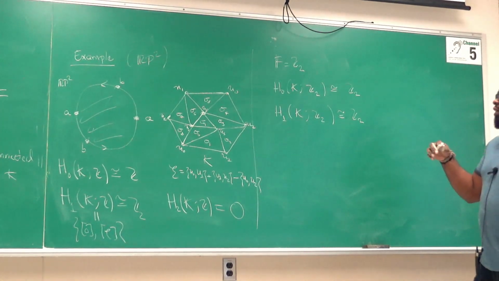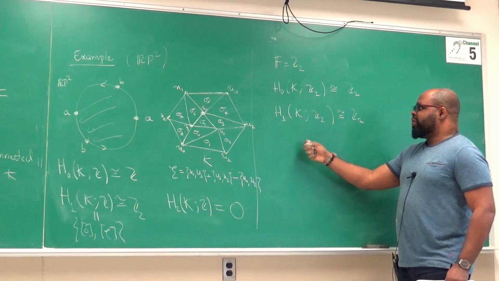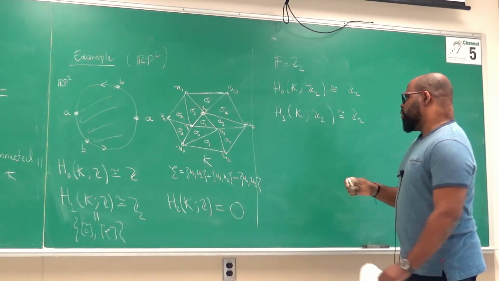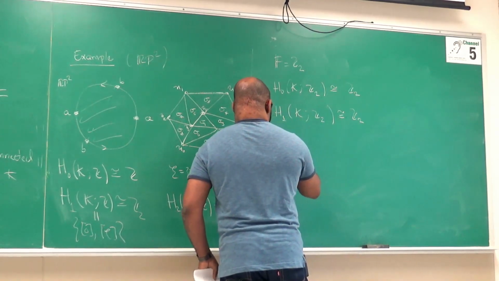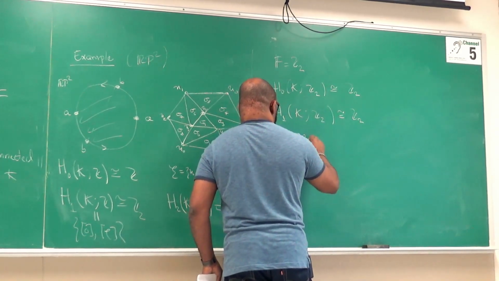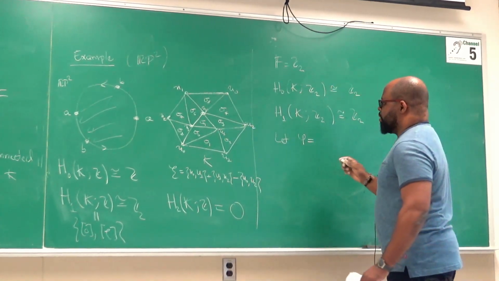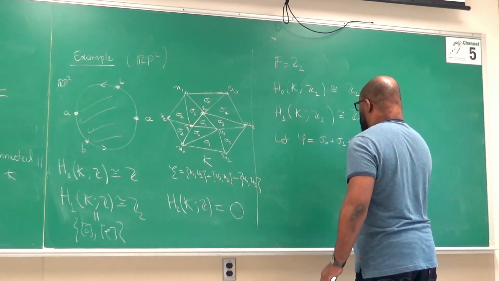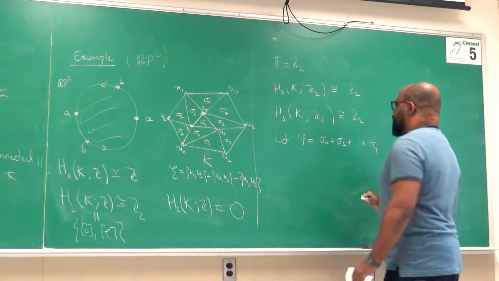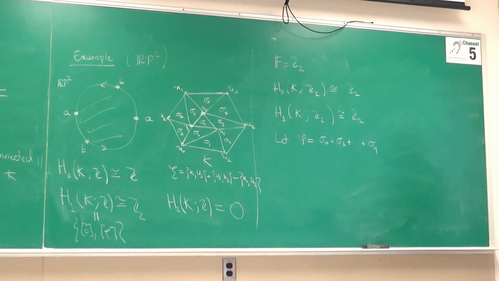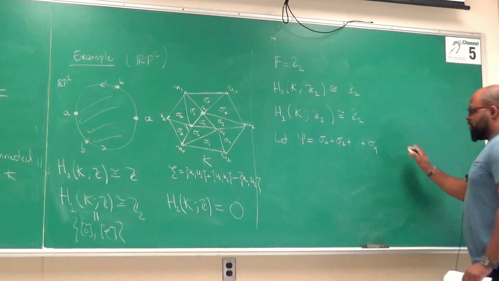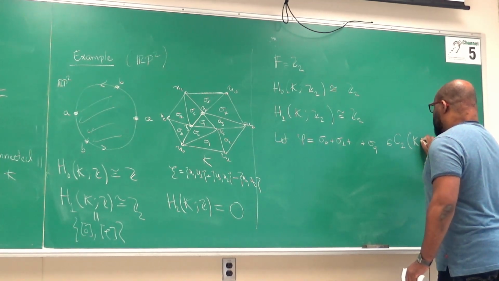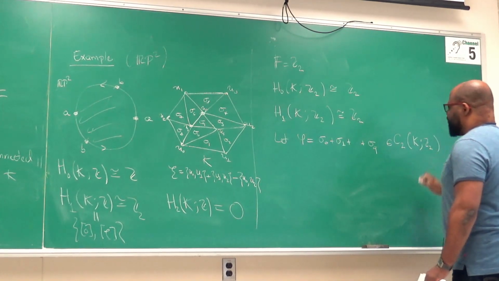The interesting case comes in the next homology group, in the next homology vector space now. So if you let phi be the sum of all the two simplices, right? So take the sum of all the two simplices. So this is now an element in the two chains of K with coefficients in Z mod 2.